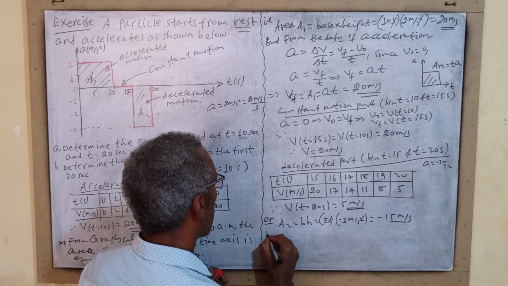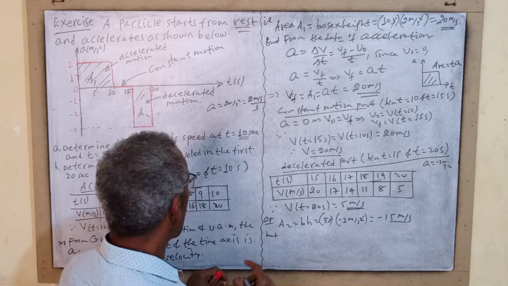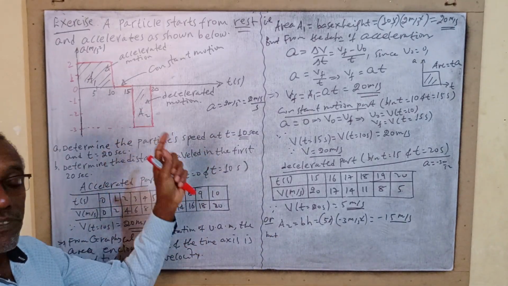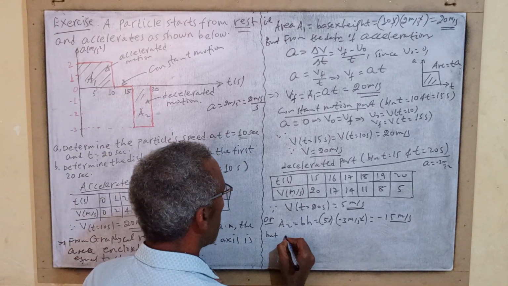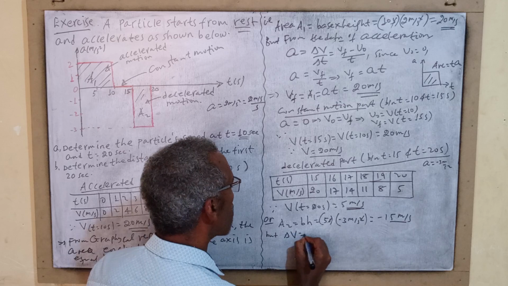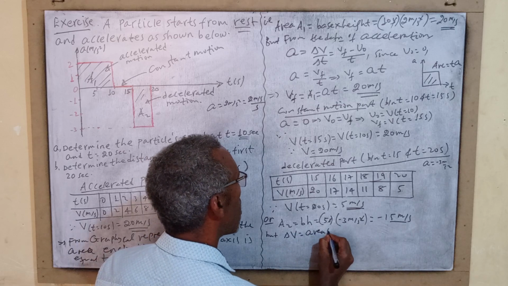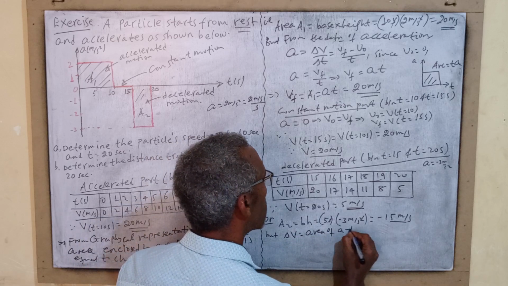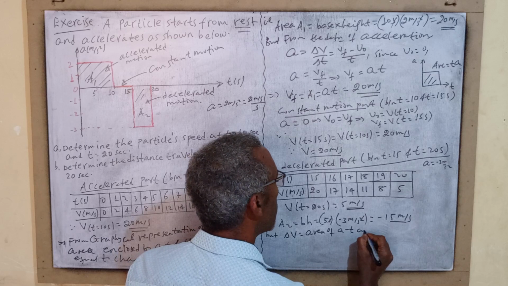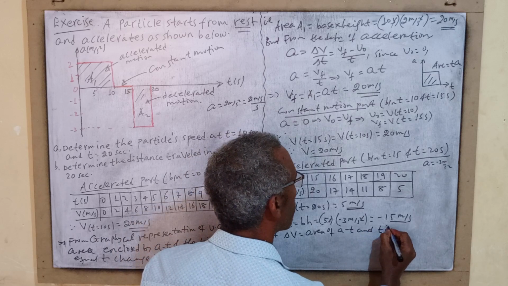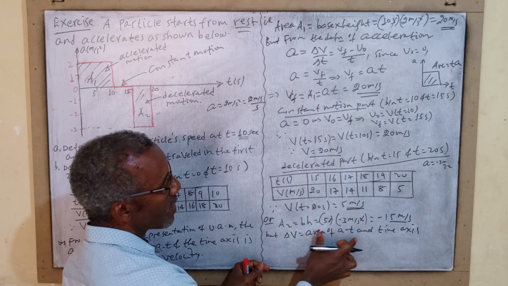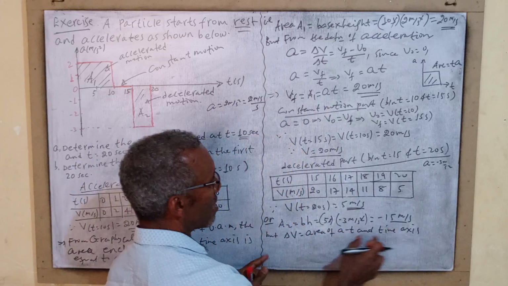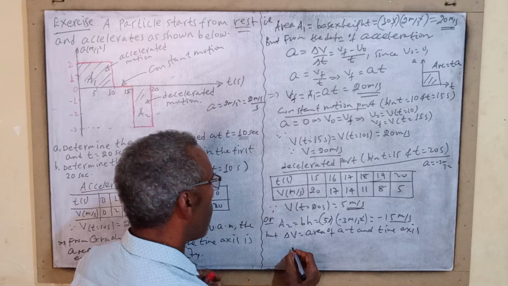But the area under the acceleration versus time graph curve and the time axis is always equal to the change in velocity. The area enclosed by the acceleration versus time graph curve and the time axis is equal to the change in velocity.